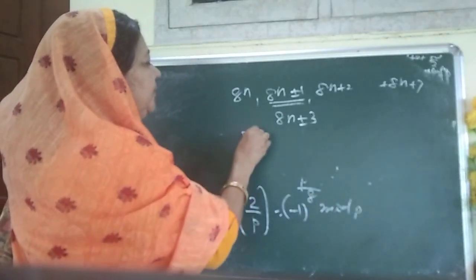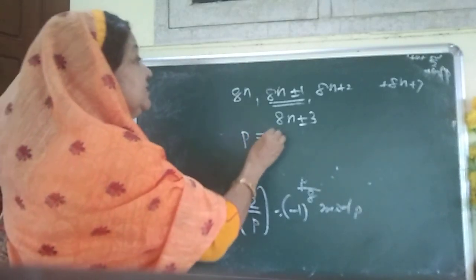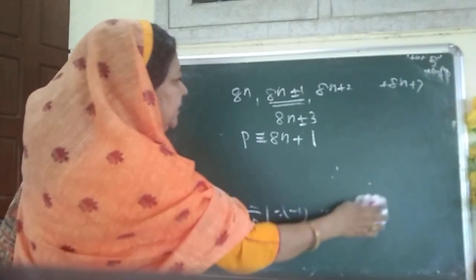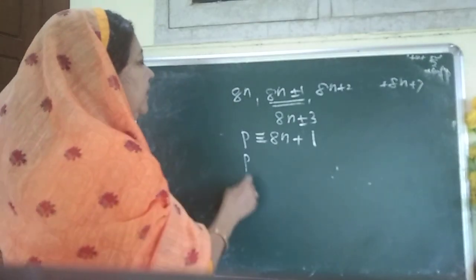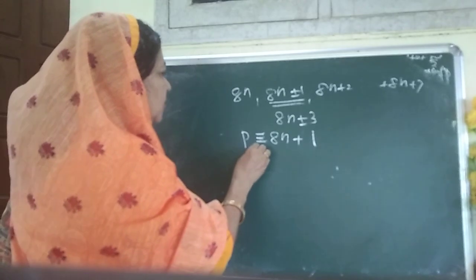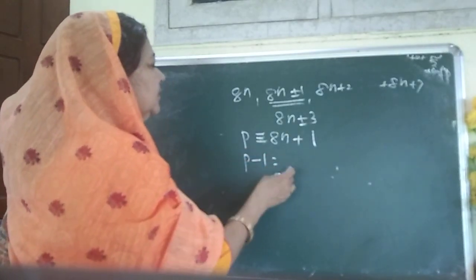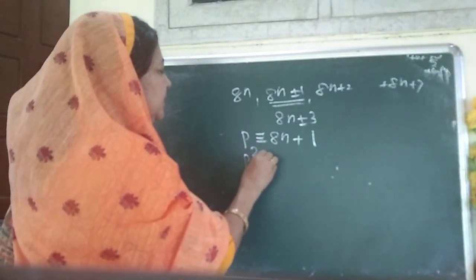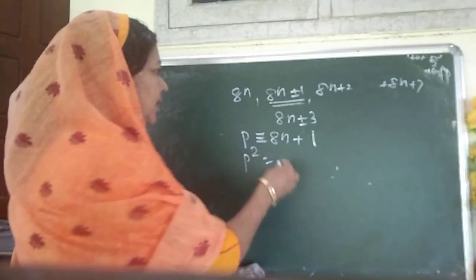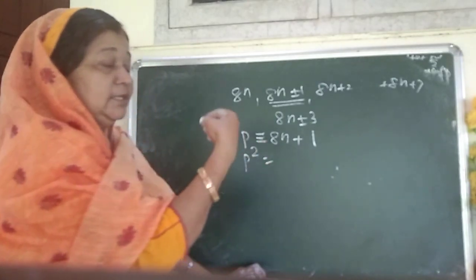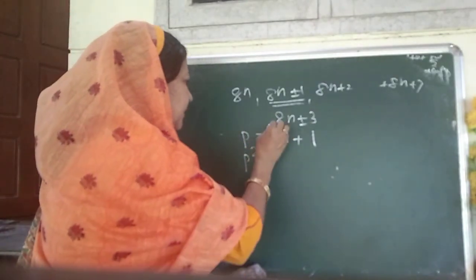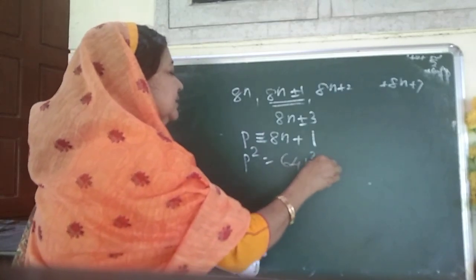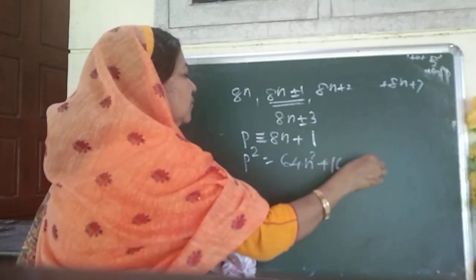So, if p is congruent to 8n plus 1, then p square is a multiple of 8n the whole square, that is 64n square plus 16n plus 1.